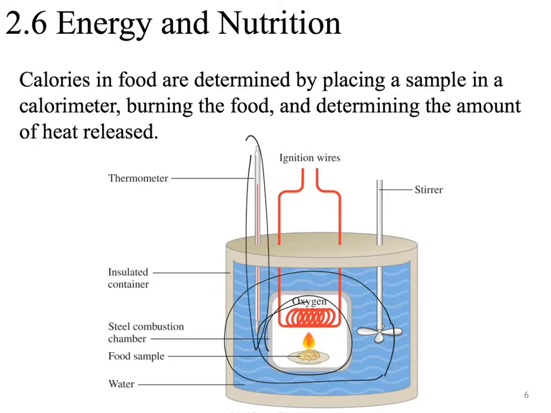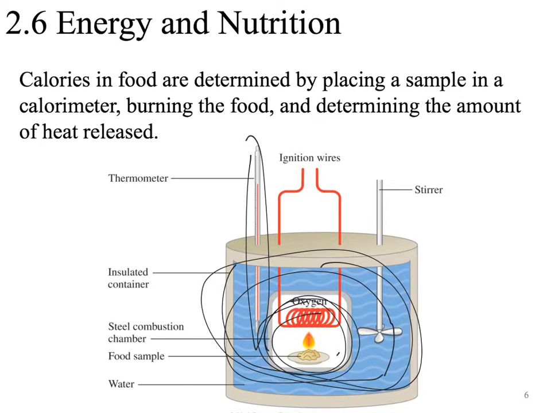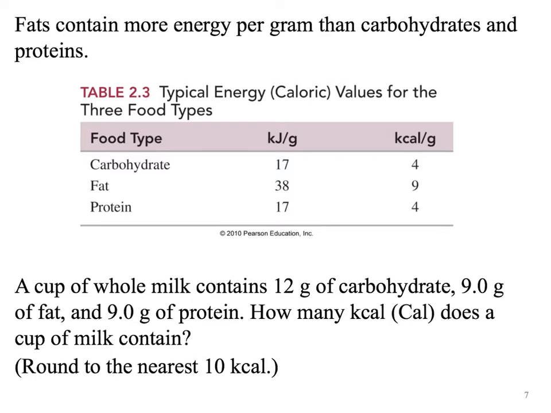And they record the change in temperature and the mass of the water, which with its specific heat is proportional to the amount of heat produced by burning this substance. So there are tables here, like for carbohydrates, they have 17 kilojoules per gram, fat 38, protein 17, and we could do calculations like how much energy is in a cup of milk. So that's what we're going to do.